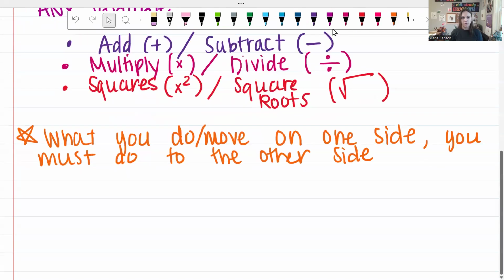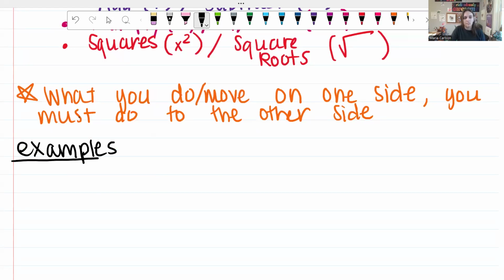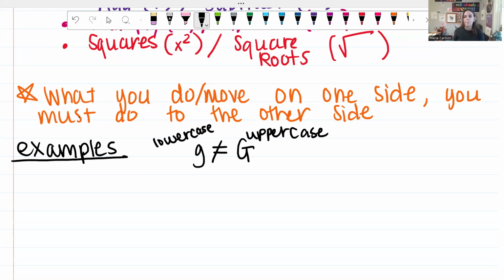That is super important. This is going to be a very example-heavy lesson, so you can see lots of different types of equations. And I want you to note, in all of these examples, a lowercase letter is not the same thing as an uppercase letter. Lowercase and uppercase letters represent different variables.